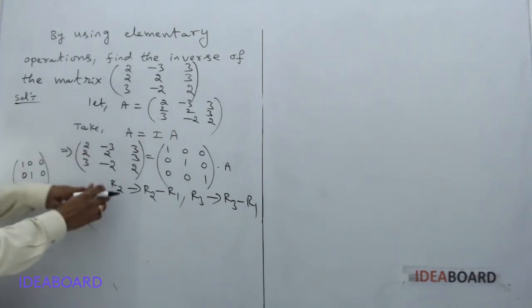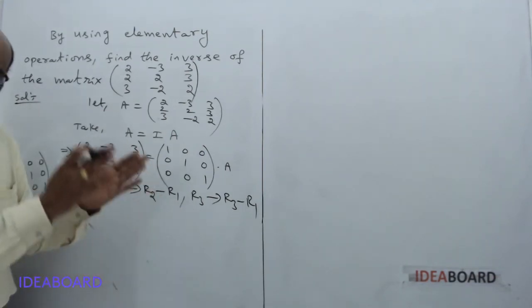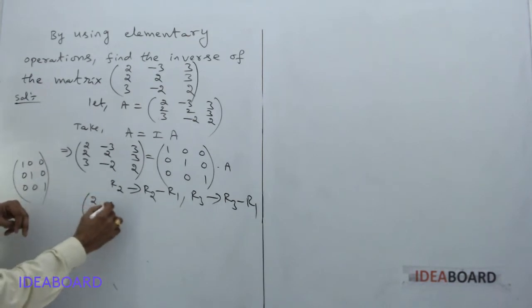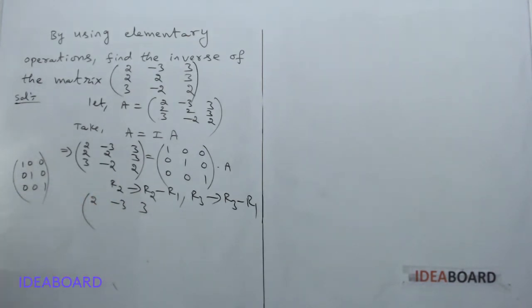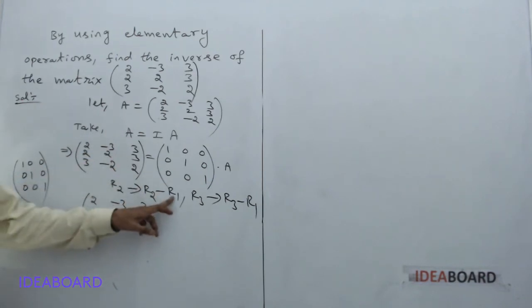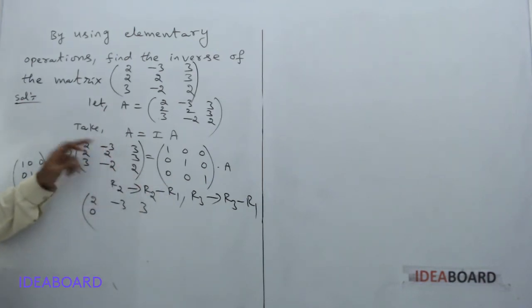Now there is no change in R1. So let me write R1 same here, 2 minus 3, 3. R2 minus R1. 2 minus 2, 0. 2 minus of minus 3, so 5.